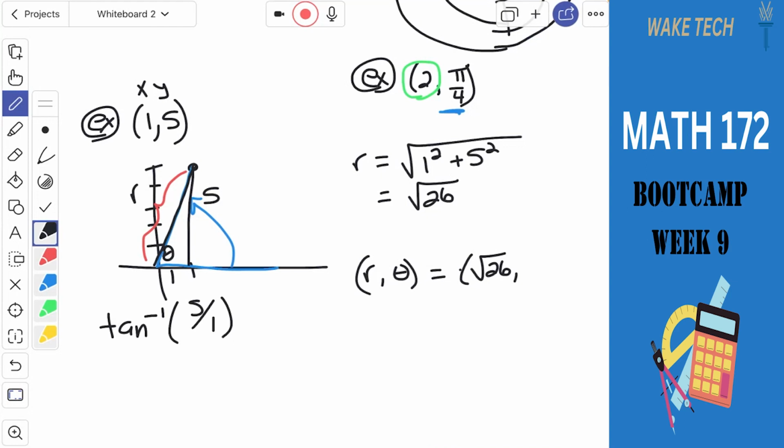So inverse tangent of 5 over 1 gives us back approximately 1.37 radians. So our ordered pair is (the square root of 26, 1.37 radians).